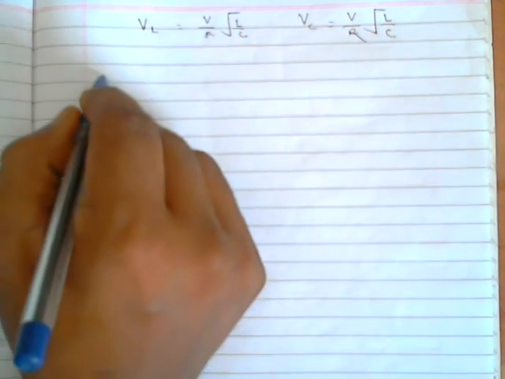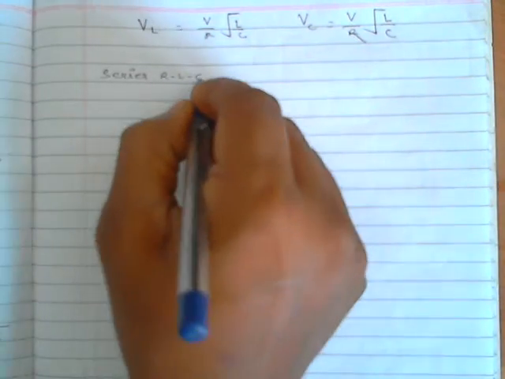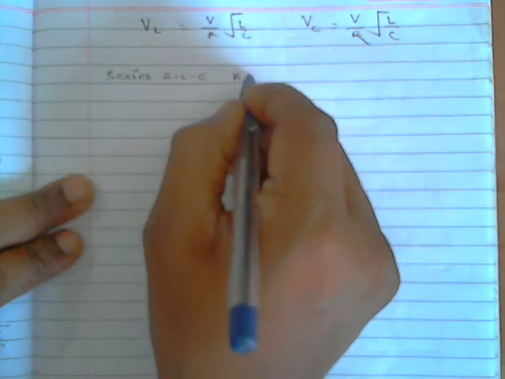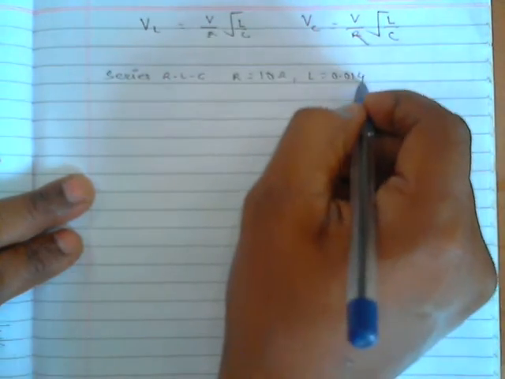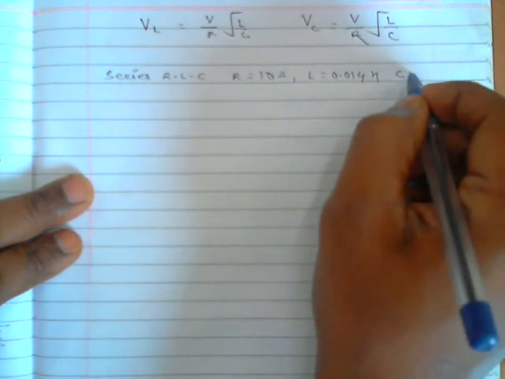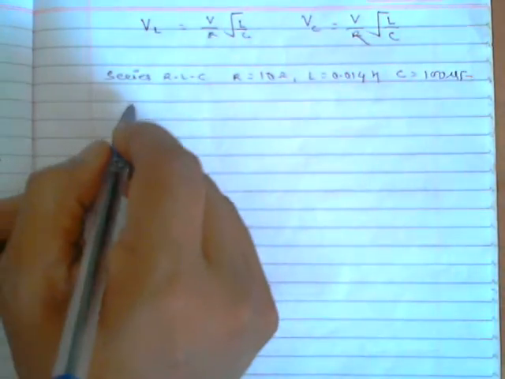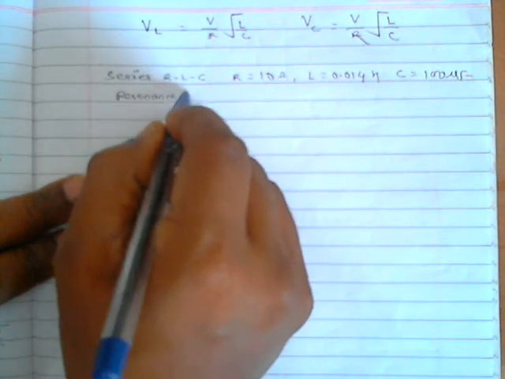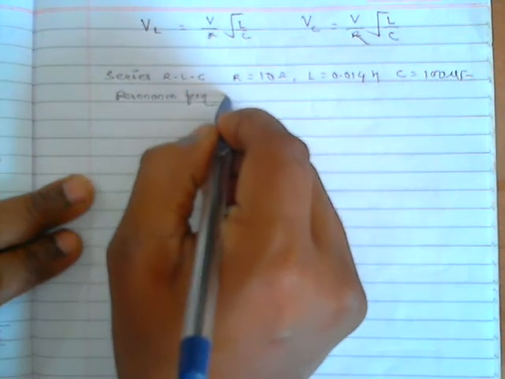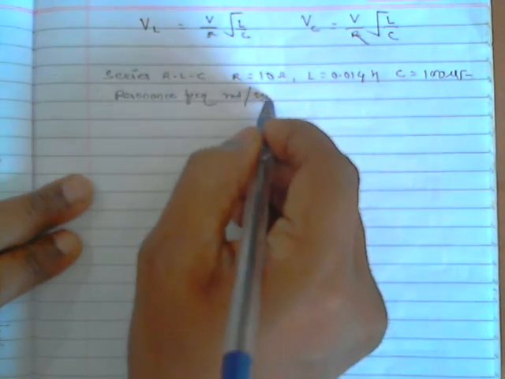So there is a series RLC circuit having parameters R equal to 10 ohm, L equal to 0.014 Henry, C equal to 100 microfarad. Now we need to find the resonance frequency in radian per second, so we need to use that formula of omega.